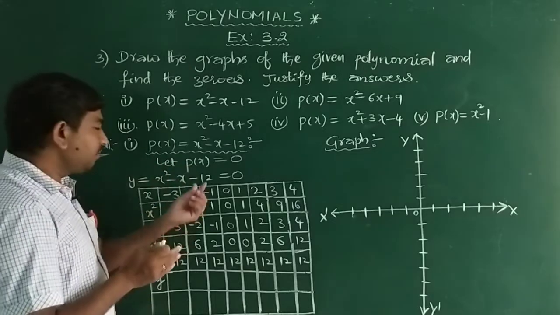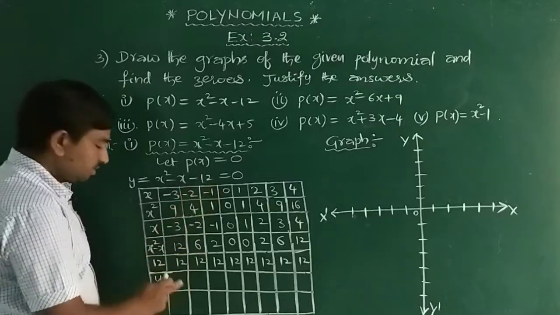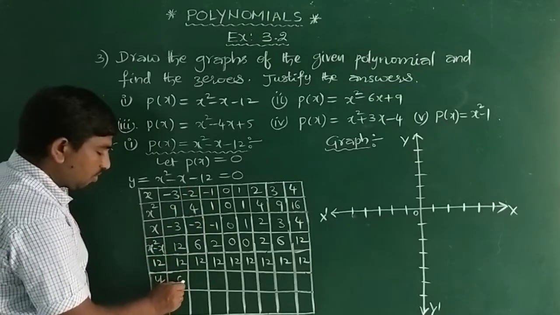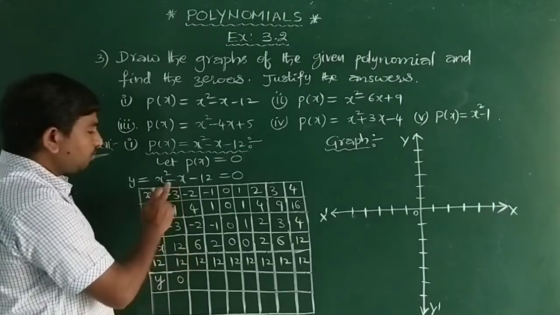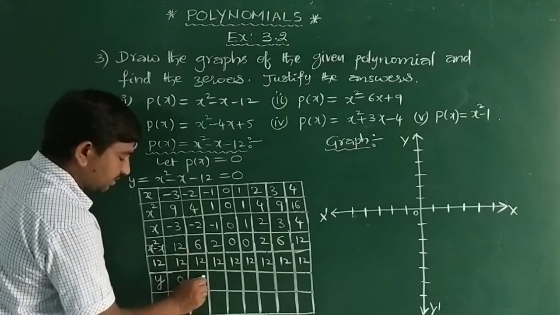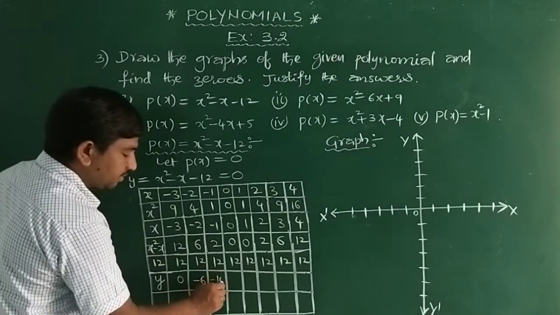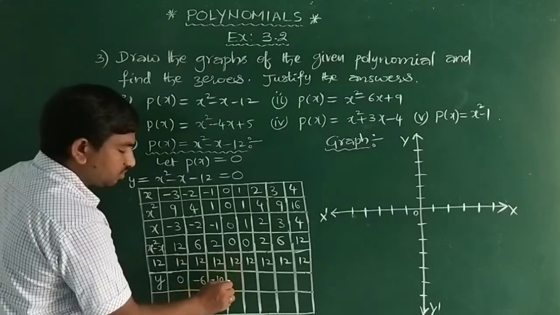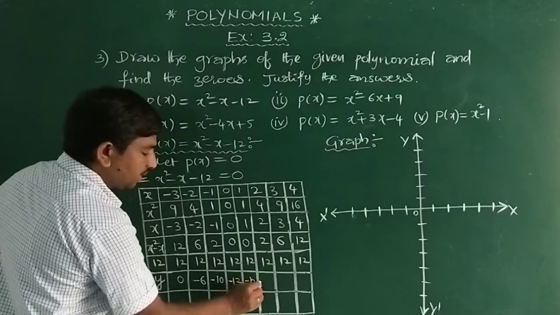So finally the y value: the simplification of x square minus x equals 12, minus 12. 12 minus 12 is 0, 12 minus 12 is 0, 6 minus 12 is minus 6, 2 minus 12 is minus 10, 0 minus 12 is minus 12, and 0 minus 12 again is minus 12.